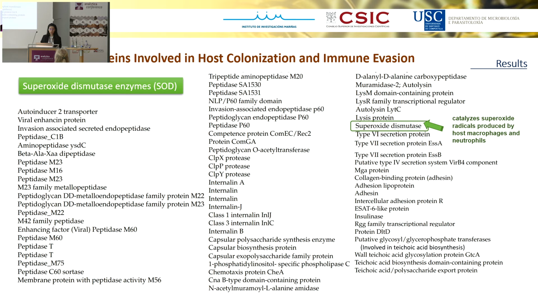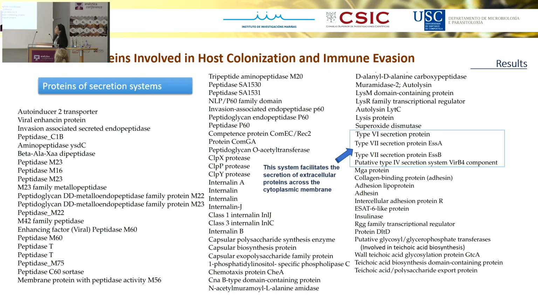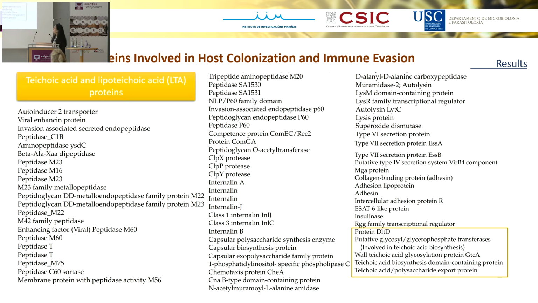The superoxide dismutase enzymes, which catalyze superoxide radicals produced by host macrophages and neutrophils. Also, we identified different proteins of secretion systems. These systems facilitate the secretion of extracellular proteins across the cytoplasmic membrane. And finally, we have identified different proteins that are involved in the biosynthesis of thioctic acid and lipoic acid proteins. These proteins are involved in inflammation reactions in the host.